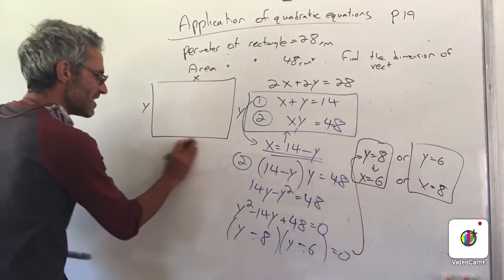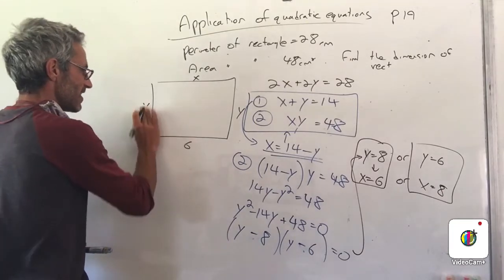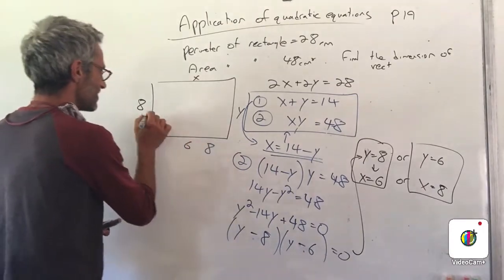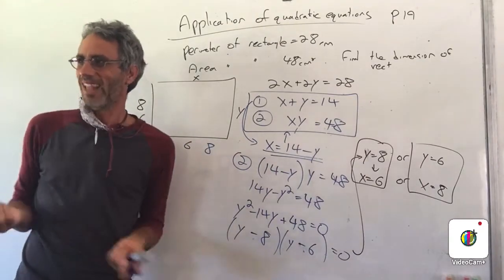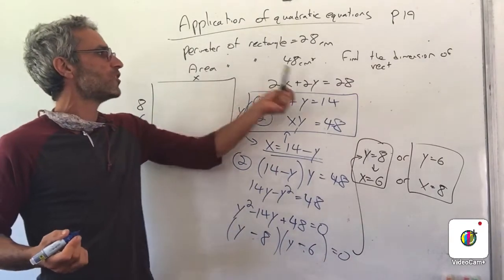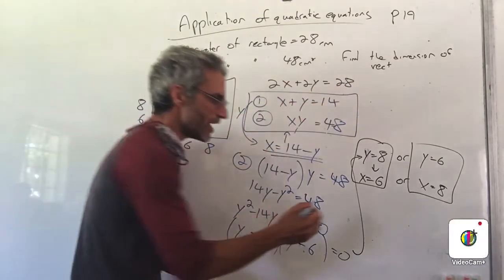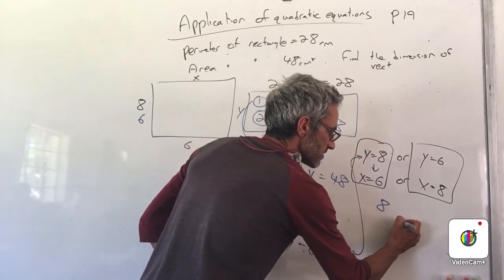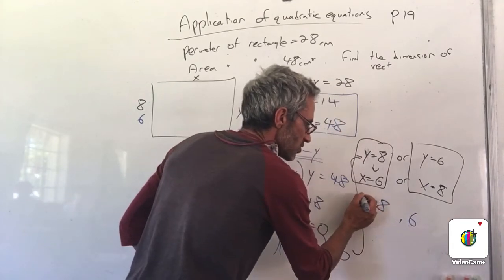Either this is 6 and this is 8, that's one option, or this is 8 and this is 6. Anyway, what was the question? The question, what were the dimensions? The dimensions are 8 and 6. This is it, the dimensions, okay?